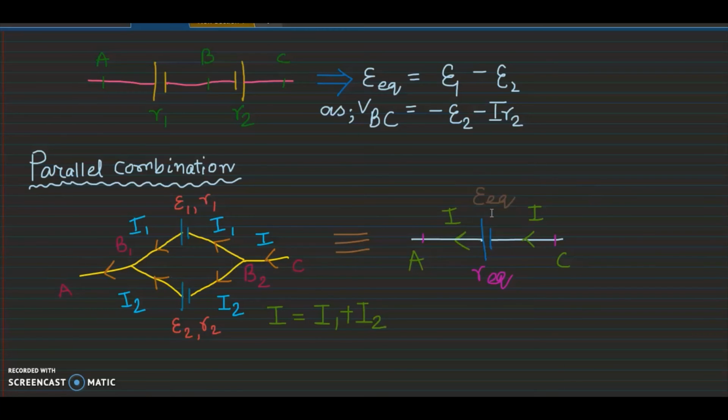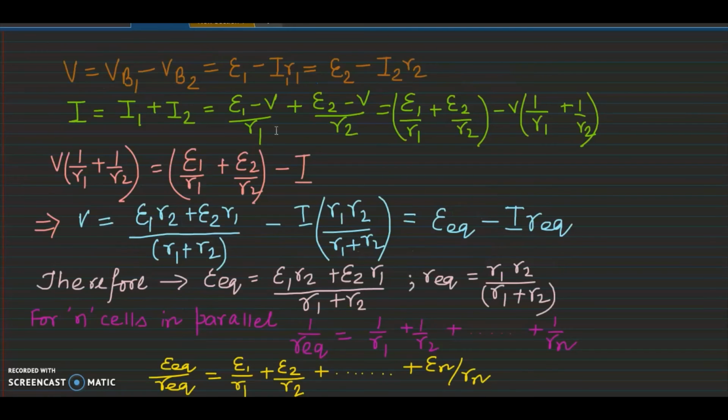This is the equivalent circuit, where epsilon equivalent is the equivalent EMF and R equivalent is the equivalent internal resistance. From the calculation, V is equal to VB1 minus VB2. In each case V will be epsilon 1 minus I1 R1, which is equal to epsilon 2 minus I2 R2.